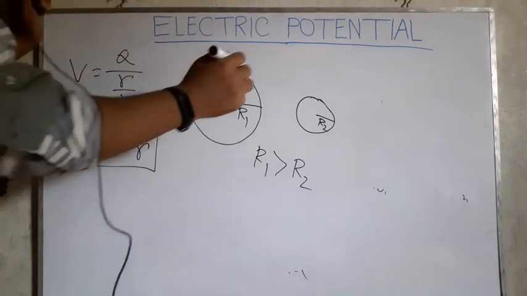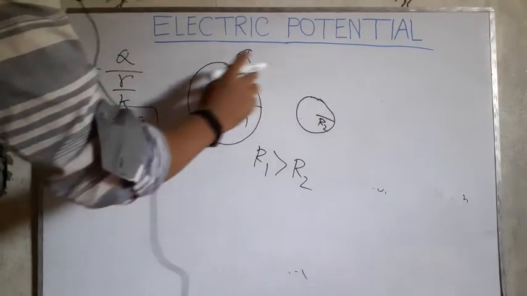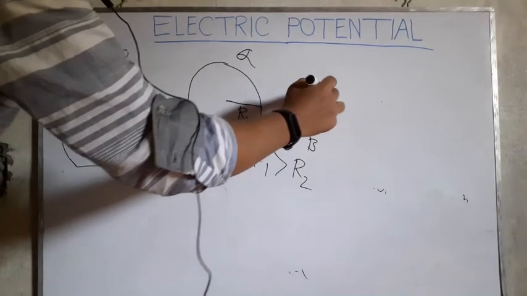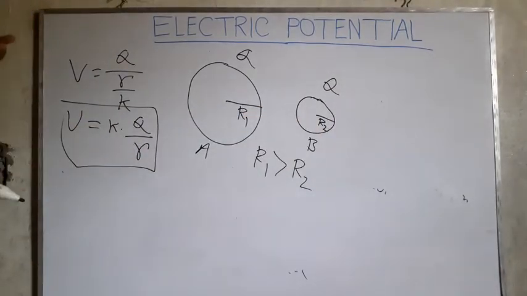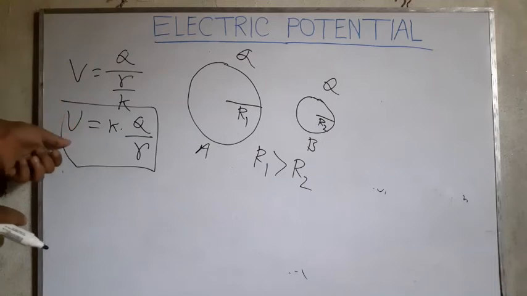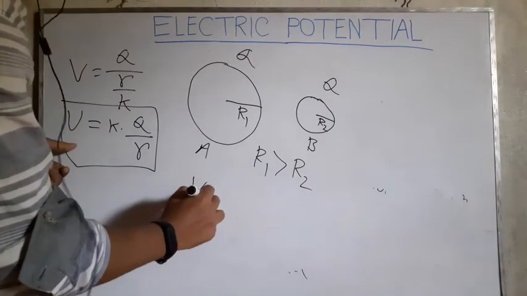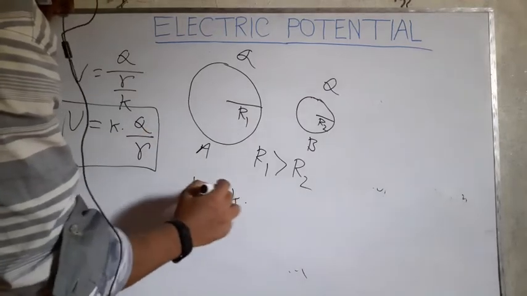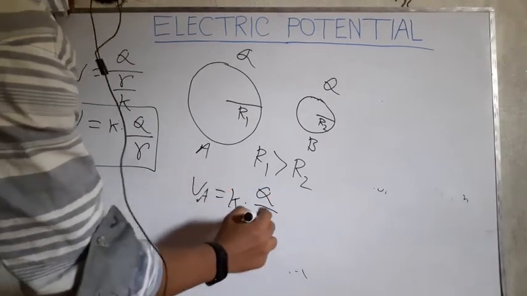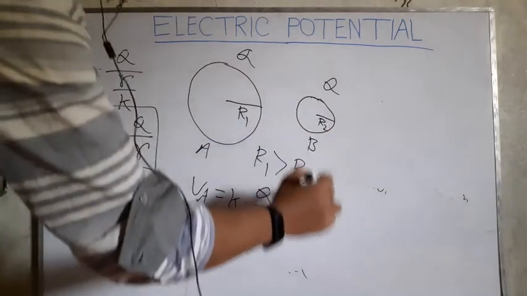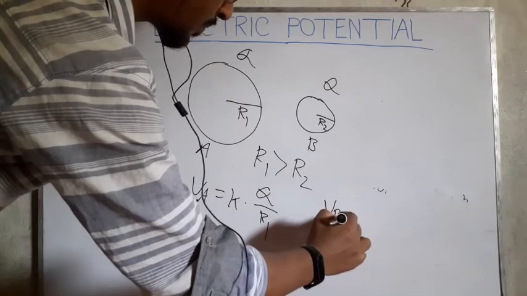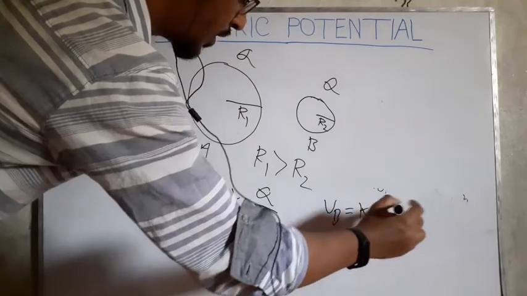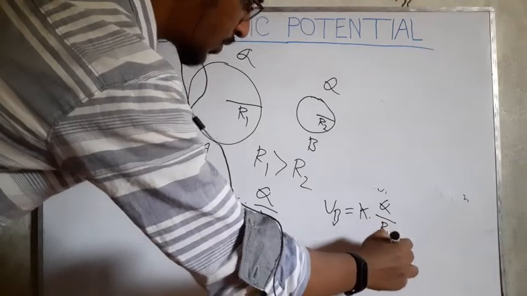If we give q amount of charge on both bodies, here q charge is given to the body A and q amount of charge is given to the body B, then according to this formula, its potential VA is equal to K, a constant, Q divided by R1, and its potential VB is equal to K Q divided by R2.